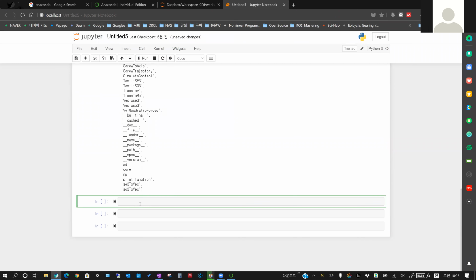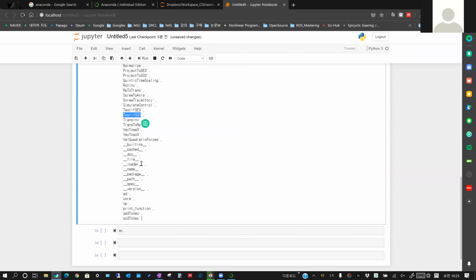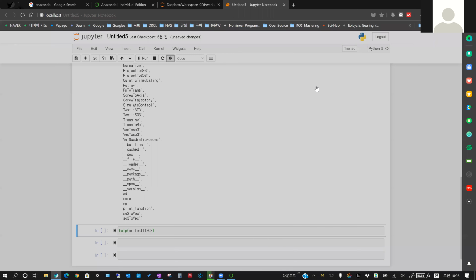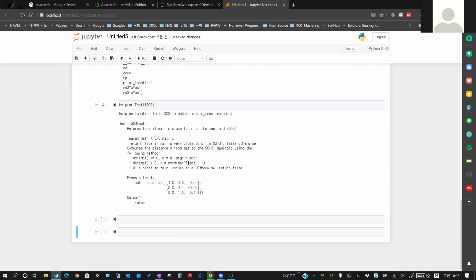In mr there is a function called TestIfSO3. Let's use the help command like this. Then you can see how to use this function.